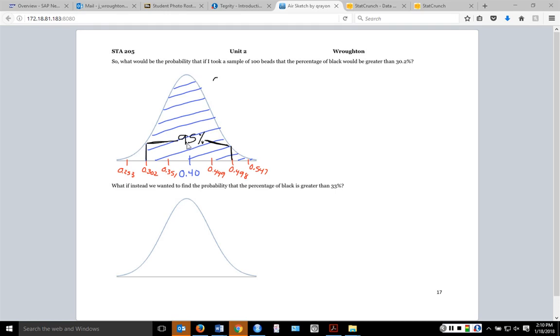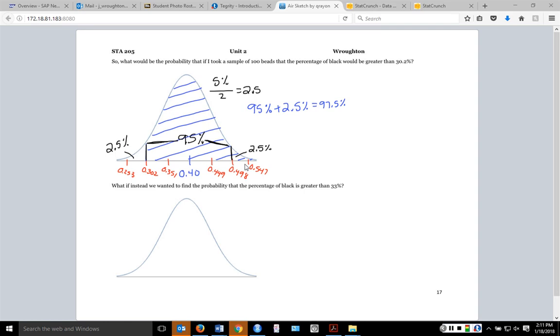So I can only add 5% more to my picture. I have 2 different spots to put it in, so I'm going to split it up. And so this little piece is going to be 2.5%, and this piece is also going to be 2.5%. So what's going to be my total percentage that's between there? Well, it's going to be the 95%, this piece, plus the 2.5% piece over here that I have shaded. So that is 97.5%.